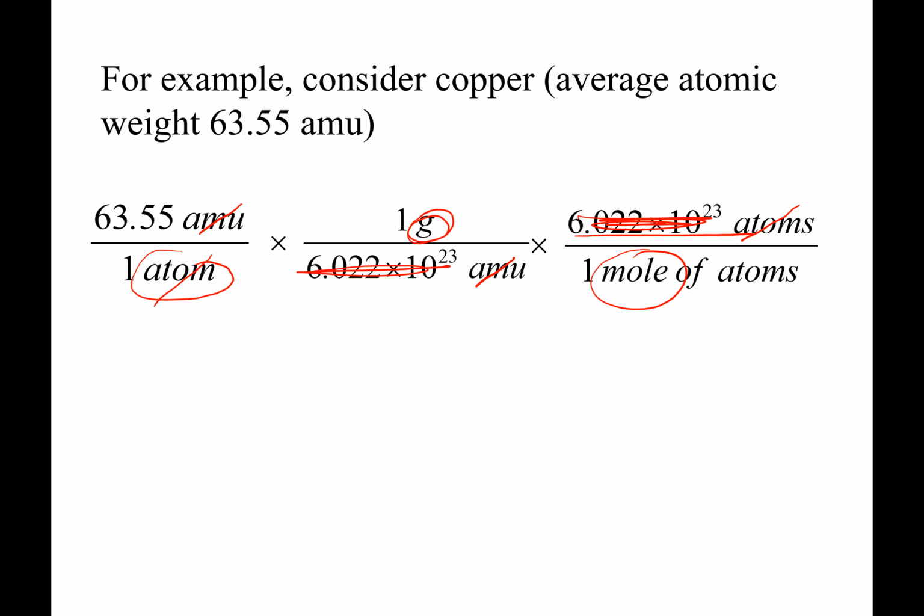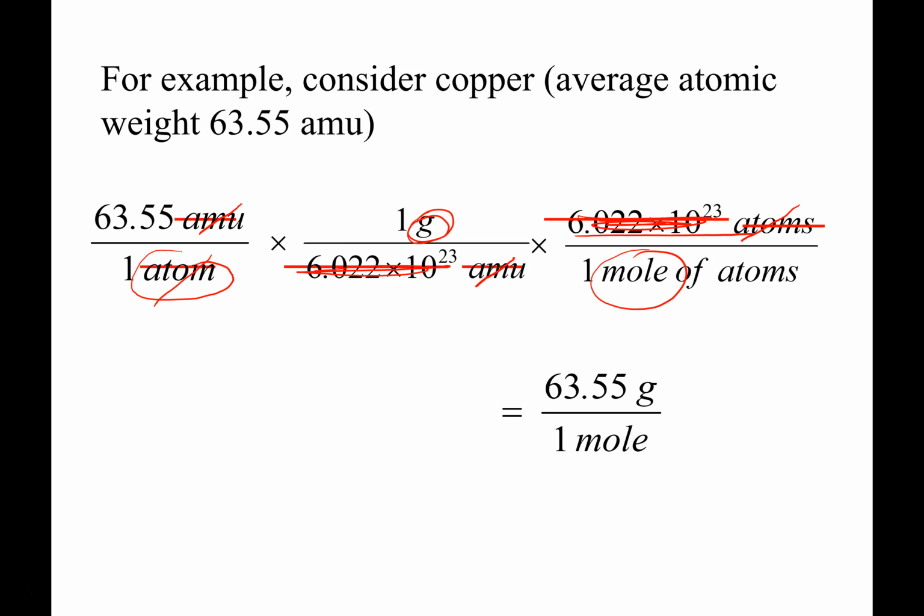So numerically, all we have is 63.55. And the units we have are grams in the numerator and moles in the denominator. And you could do this with any element, any average atomic weight or mass to molar mass.